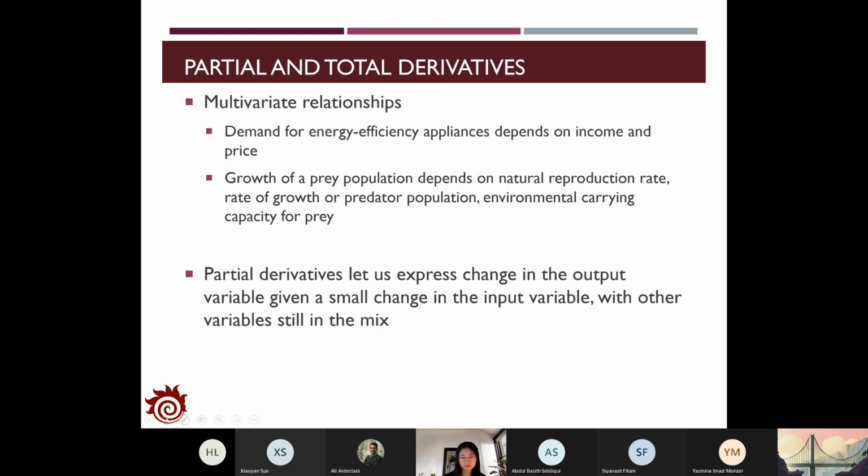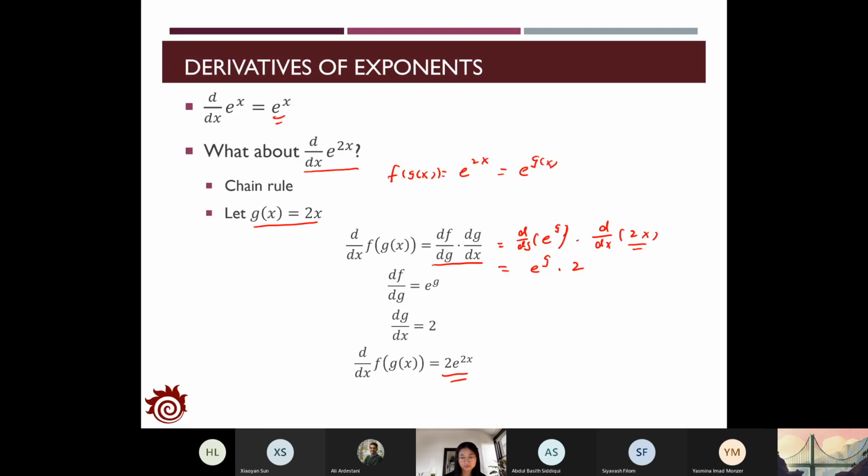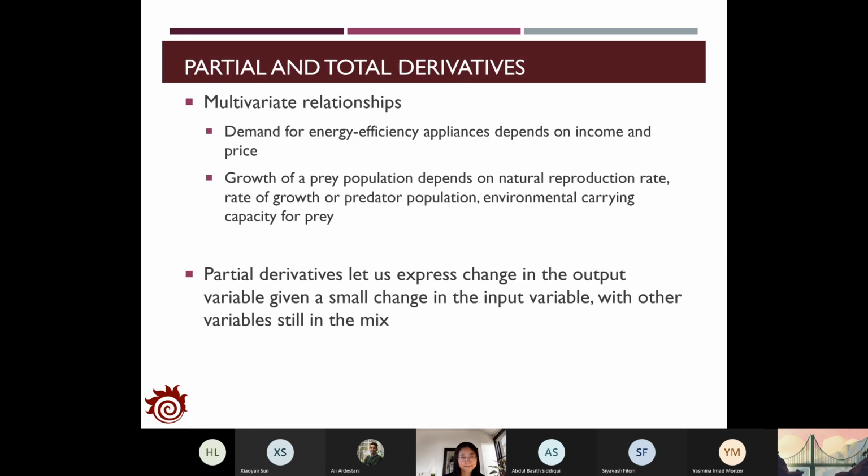And for all the topics I mentioned previously, we are only dealing with one input variable, but in reality, especially for travel demand analysis, we need to think about more than one variable. It could be 2, 3, or 4 variables.